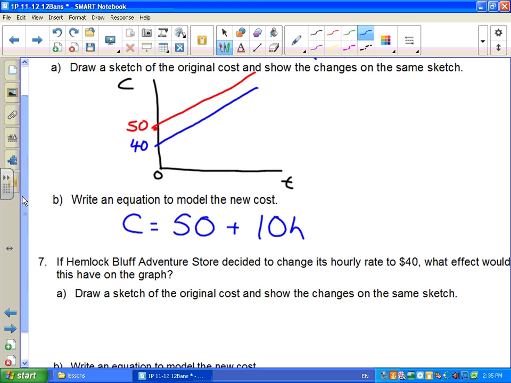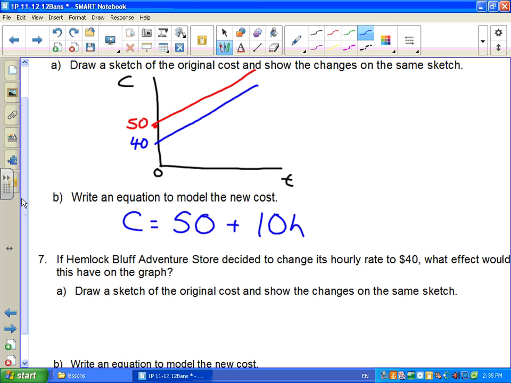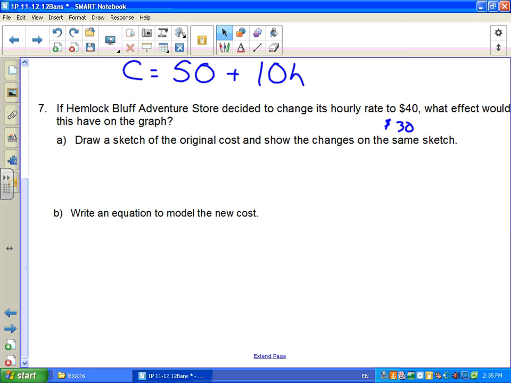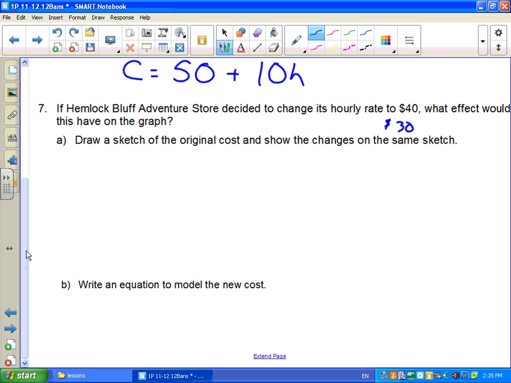Now they ask us something similar for Hemlock Bluff. If Hemlock Bluff Adventures decided to change its hourly rate to $40 from $30, what effect would this have on the graph? Let's keep in mind that our old graph for Hemlock Bluff looked like this.